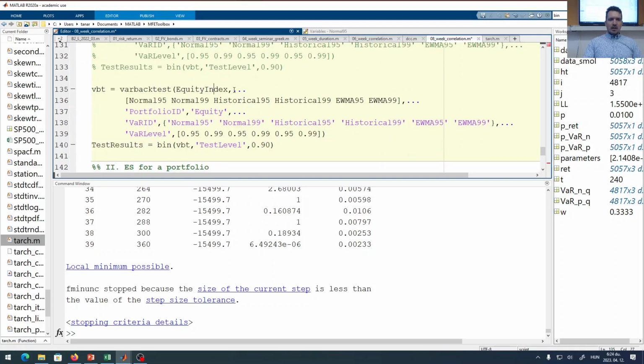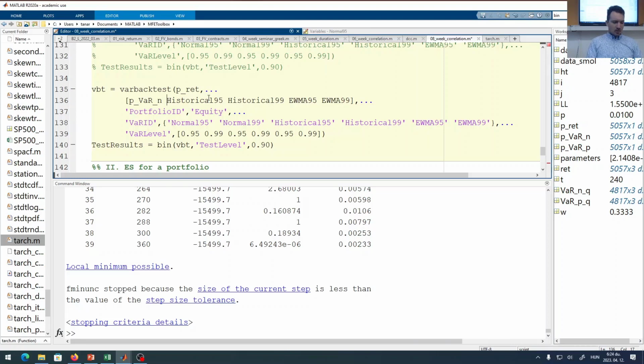And the hardware test. Equity index will be the return. Normal 95 is VaR, and we can also check the historical because we have this as well.